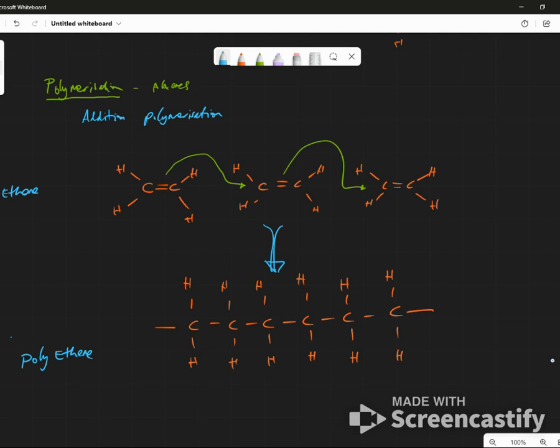Over the years this has been shortened to polythene. So this is polythene. And the type of reaction that we see here is known as a polymerization. The type of polymerization is addition, as Tamani says. So this is an addition polymerization.